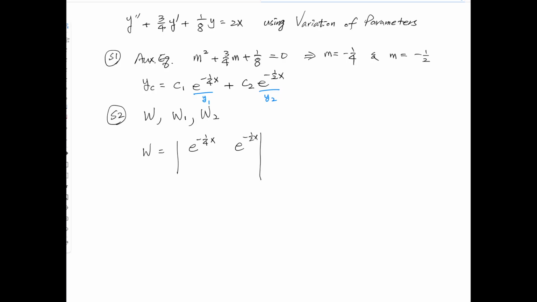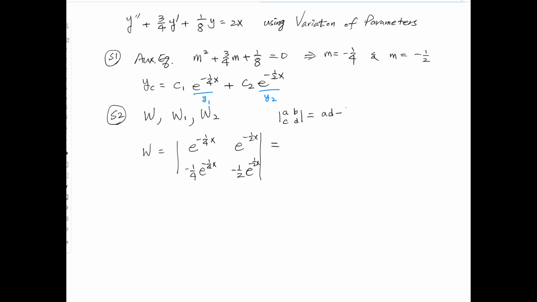And then second row, we need y1 prime and y2 prime. Then we have 1 over 4 e to the negative 1 over 4 x and negative 1 over 2 e to the negative 1 over 2 x. This is the determinant of the 2 by 2. When you have a 2 by 2 matrix, how do you find the determinant delta?